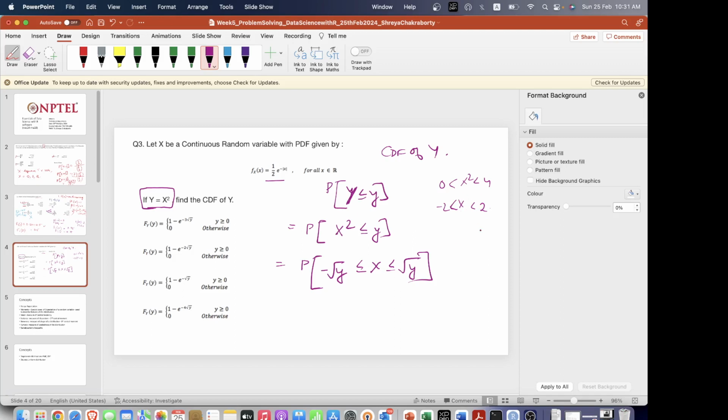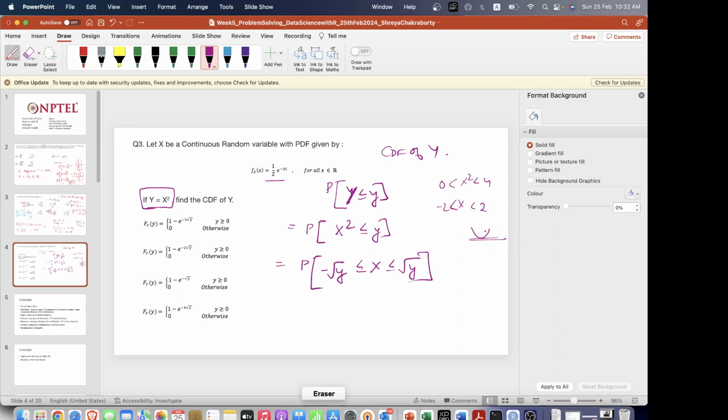Sorry, y equal to X squared will be this parabola.